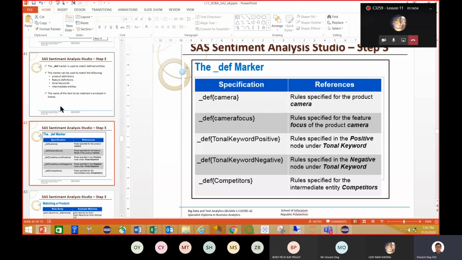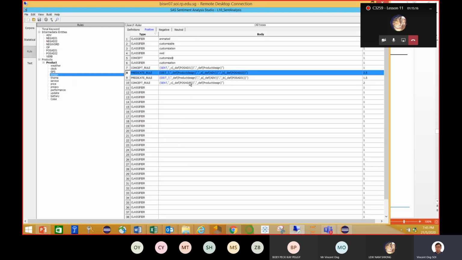These are further examples. Here I apply the camera. This one is specified under the product. When I put camera focus, remember camera is a product and focus is the feature. So this one refers to the feature focus under camera. For example here, can you see this one?